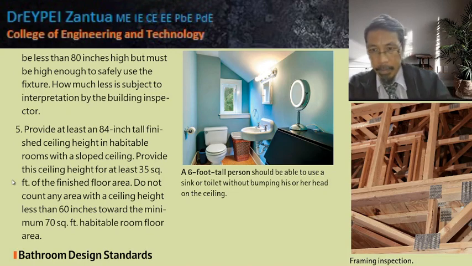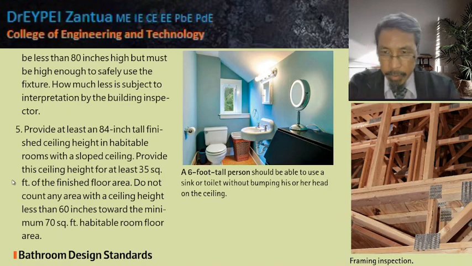Okay. Next one is to provide at least 84-inch or 2 meters tall, 2.1 meters tall finished ceiling height in habitable rooms with the slope ceiling. So if the ceiling is sloping, provide at least this finished ceiling height. Provide the ceiling height for at least 35 square foot.